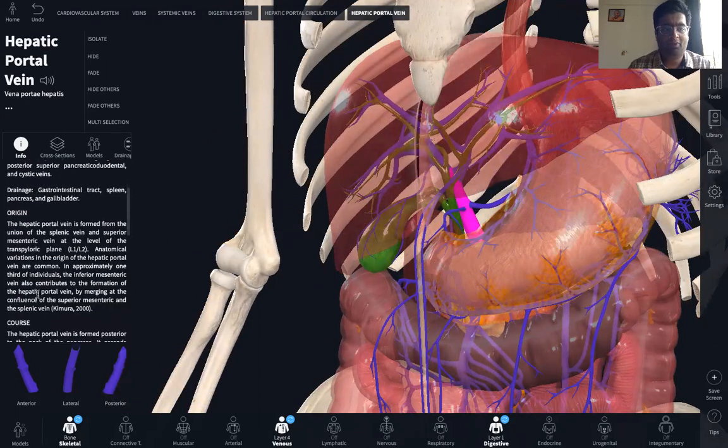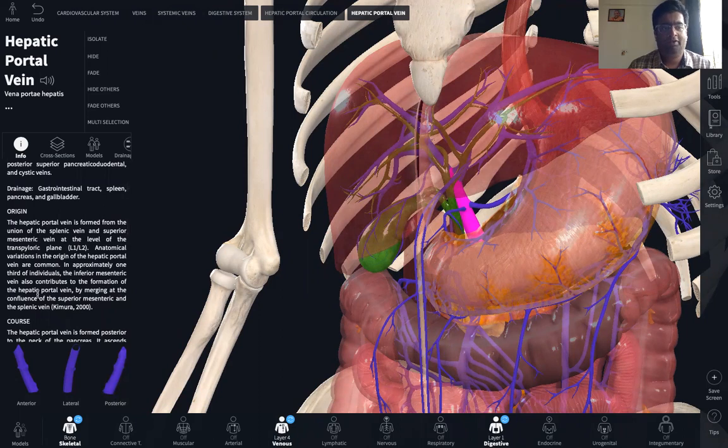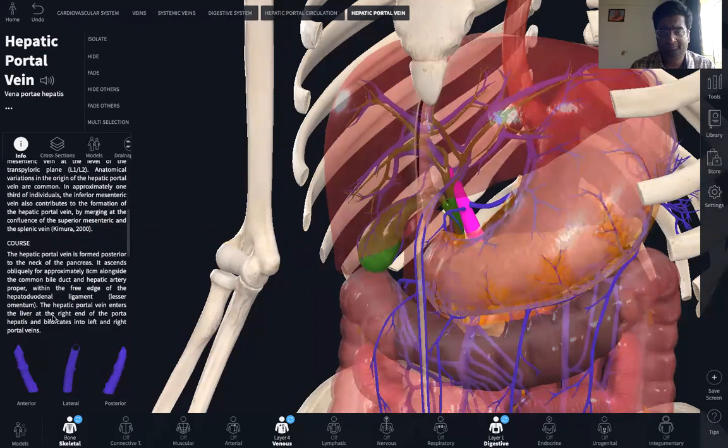This hepatic portal vein is formed from the union of the splenic vein and the superior mesenteric vein. At grade 10 level, you're not expected to know these names. What you can know is that veins from the stomach and the small intestine join to form the hepatic portal vein, which enters the liver.